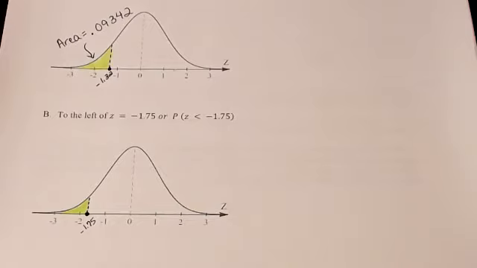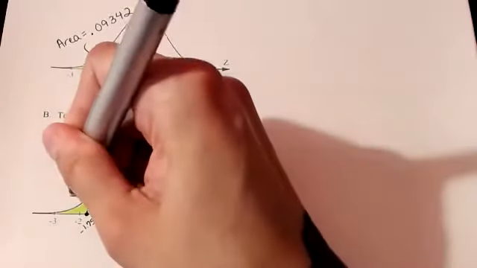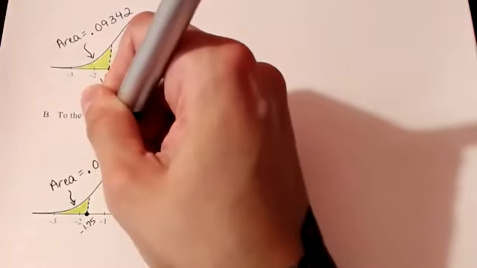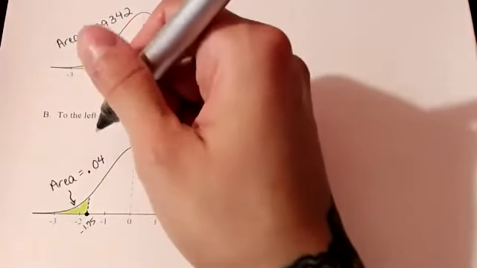Excellent. Once you have it, yes, awesome. Lucy, you're like, boom, done. 0.04006. Ava, same thing. Excellent. That's exactly right. Yes. 0.04006. So the area is equal to 0.04006.